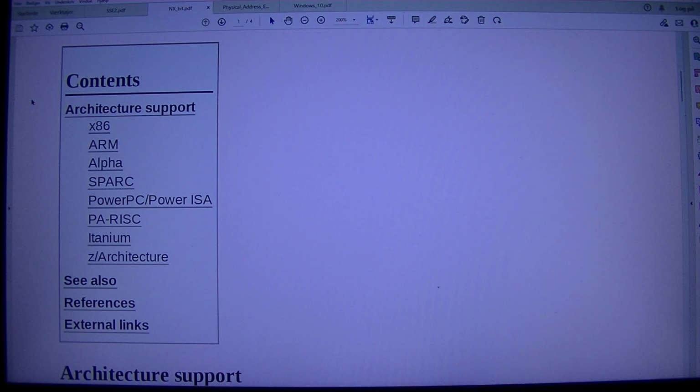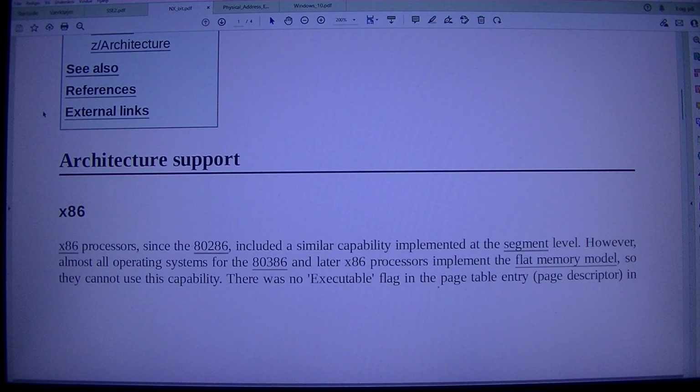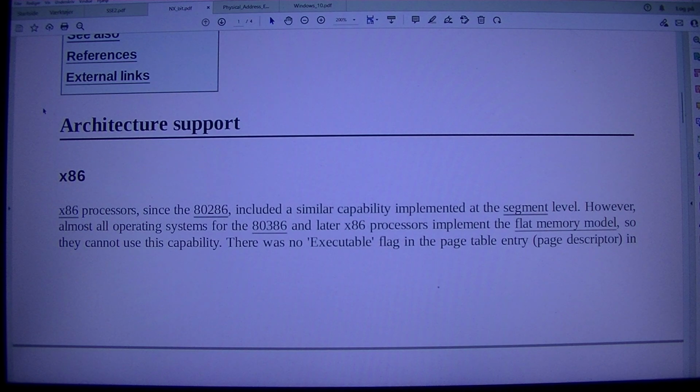Architecture support. x86. x86 processors, since the 80286, included a similar capability implemented at the segment level. However, almost all operating systems for the 80386 and later x86 processors implement the flat memory model, so they cannot use this capability.